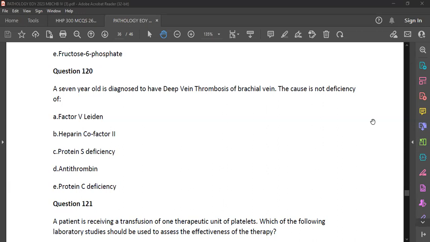Factor 5 Leiden is then a type of factor 5 which is not going to be able to be inactivated by protein S and protein C. So rather than its deficiency, the presence of this factor 5 Leiden is going to be a cause of deep vein thrombosis. Hence, that's the answer. It's not a deficiency of factor 5 Leiden, rather the presence of it is going to be a problem.